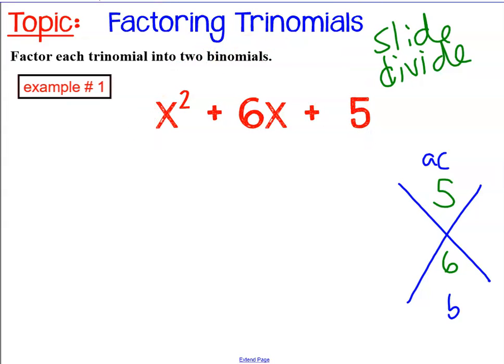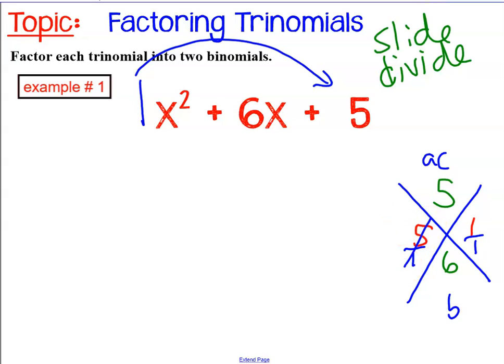So let's think of two numbers that multiply to 5. Well, this is easy because 5 is prime. So the only factors are 5 and 1. So these numbers right here, they're going to become our answers. But let me reiterate. If you slide a number down, then you have to divide it right here. The good news is today we're always dividing by 1, so there's not much to do.